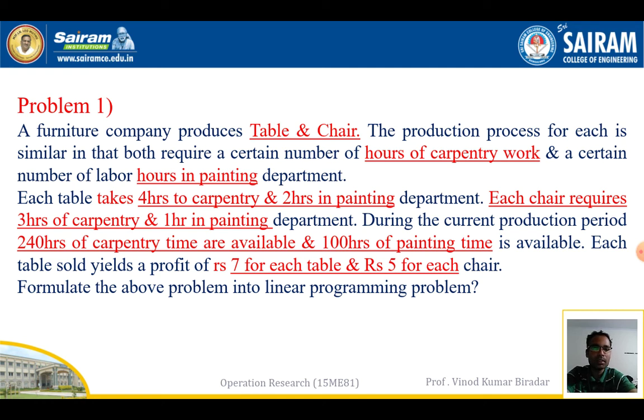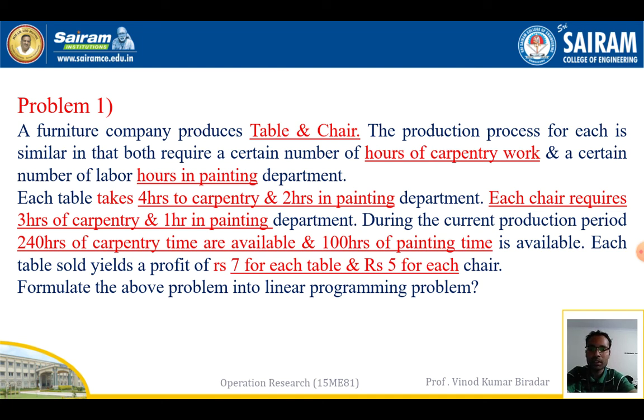Each chair requires 3 hours of carpentry and 1 hour for painting. The current production period has 240 hours of carpentry time available and 100 hours of painting time available.